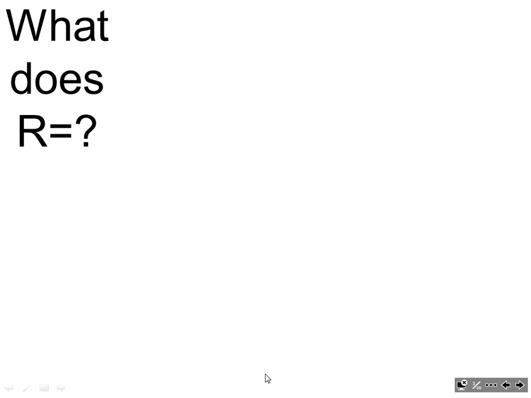Well, what does R equal? What does something mean if it's a constant? If something is a constant, what's it mean? It's always the same, right? Okay, so your value of R will be the same.